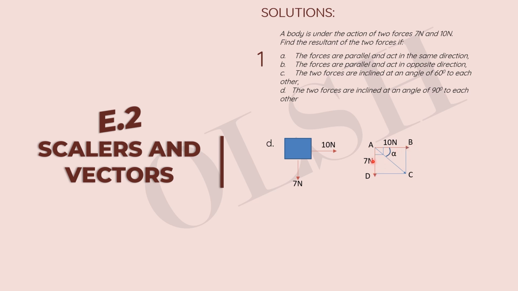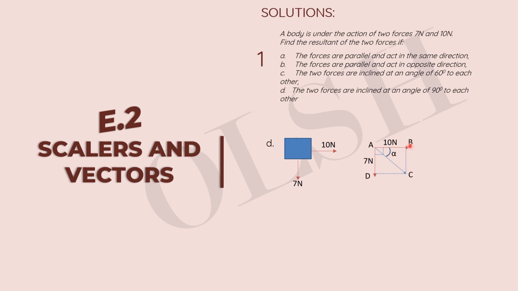So what we need to do is to take the side. Of course, this side AD and this side BC are equivalent both in magnitude and direction. So we can assume we are sliding it to this place, because this side is equivalent to this side.